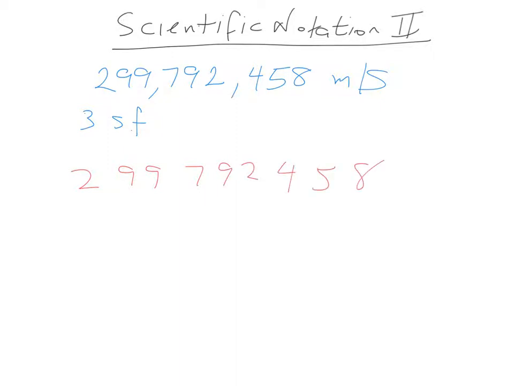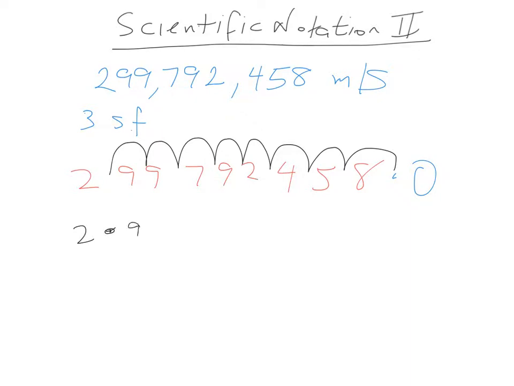We take our decimal point and move it to the left: 1, 2, 3, 4, 5, 6, 7, 8. So that ends up being 2.99792458 times 10 to the power of 8, because we moved it 8 spots.